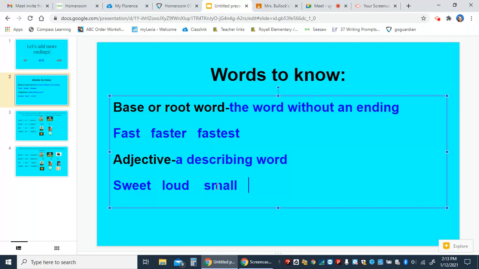Those are all base words too. They don't have any endings added to them just yet. When we are working with the endings ER and EST, we're going to be adding them to the end of an adjective. An adjective is a word that describes the noun in our sentence.